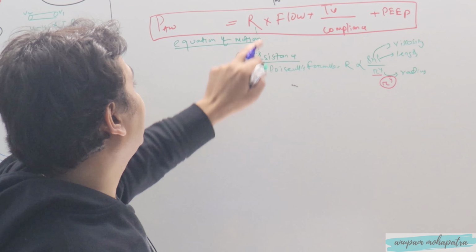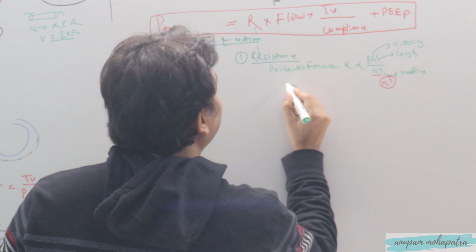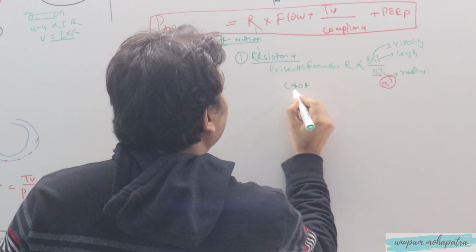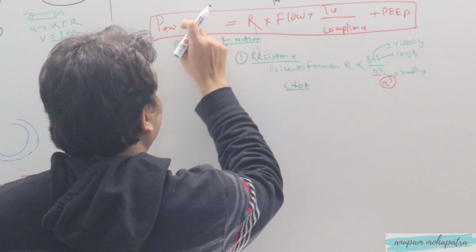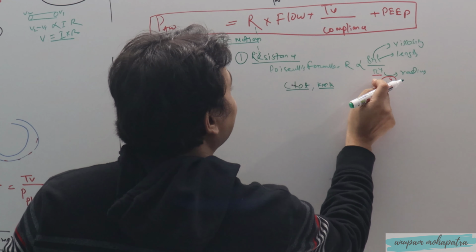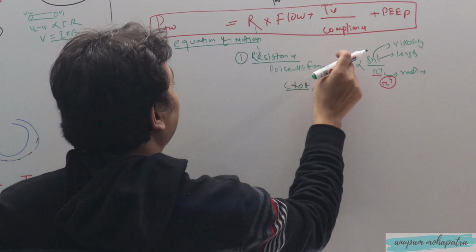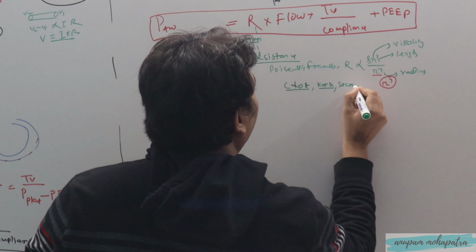So what are the other things? For example, if there is a clot in the circuit, the clot can compromise the radius and increase the peak airway pressure. Or there is a kink. Kink can decrease the radius, increase the resistance, increase the pressure. Or there is secretion.